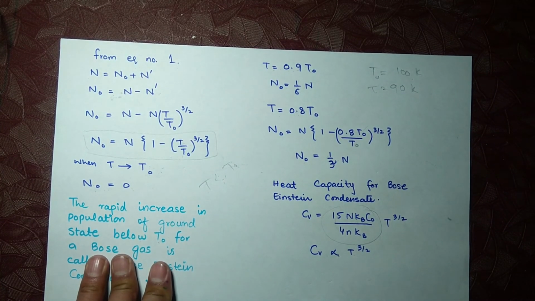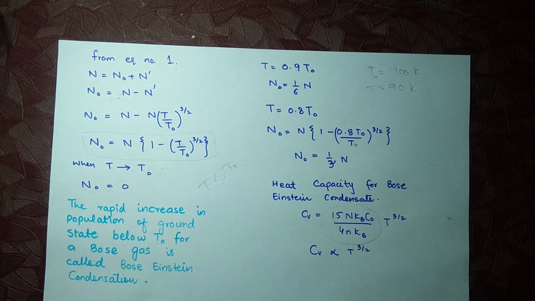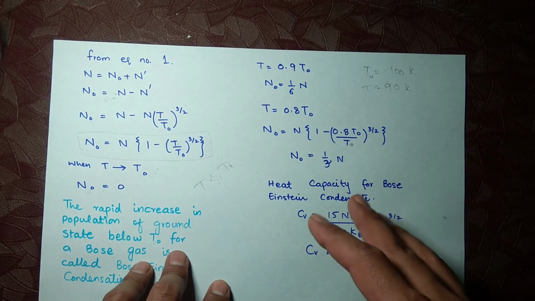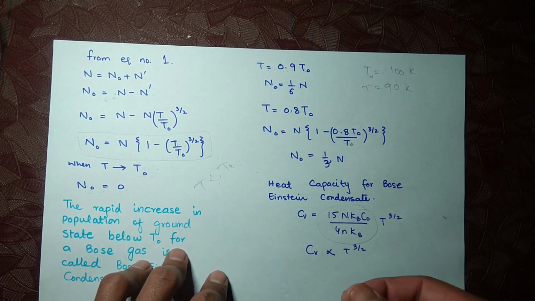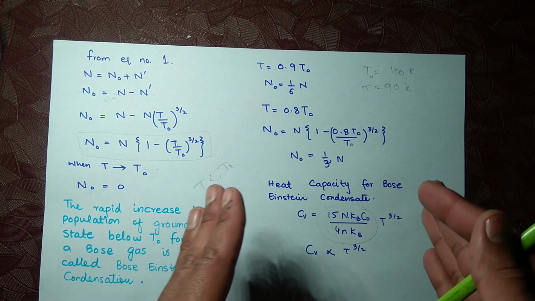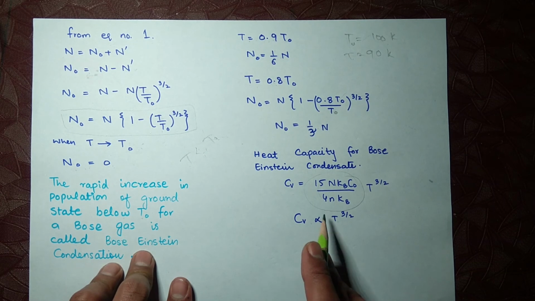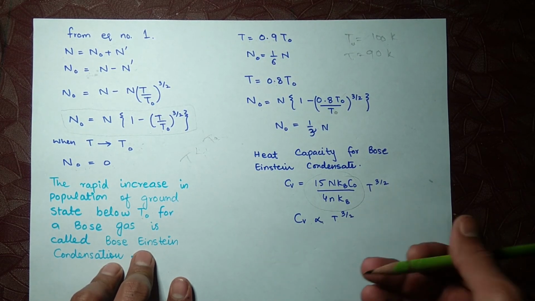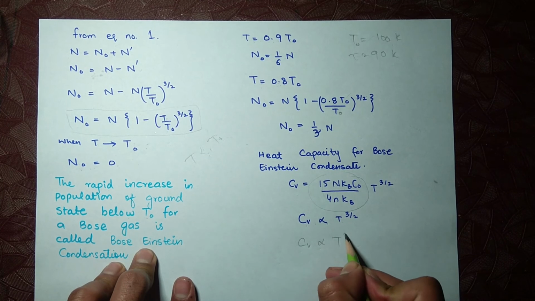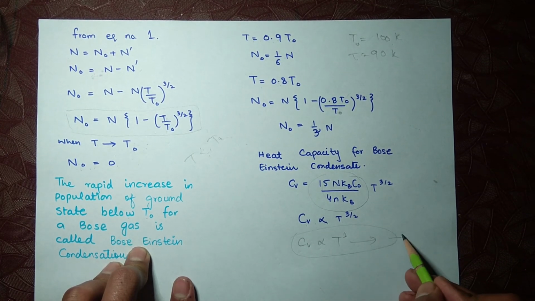If you have studied the Einstein theory for lattice vibrations, which is basically the Einstein model for solids, Einstein model, Debye model, lattice vibrations, which you've discussed in solid state physics and statistical physics, the specific heat in the Einstein model, CV, has a relation T cubed. This was for the ordinary solid.